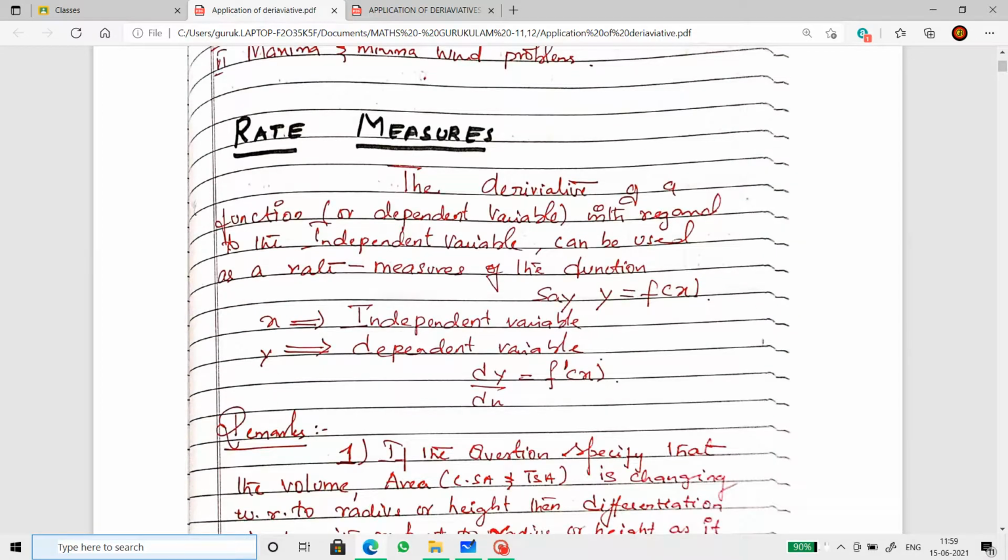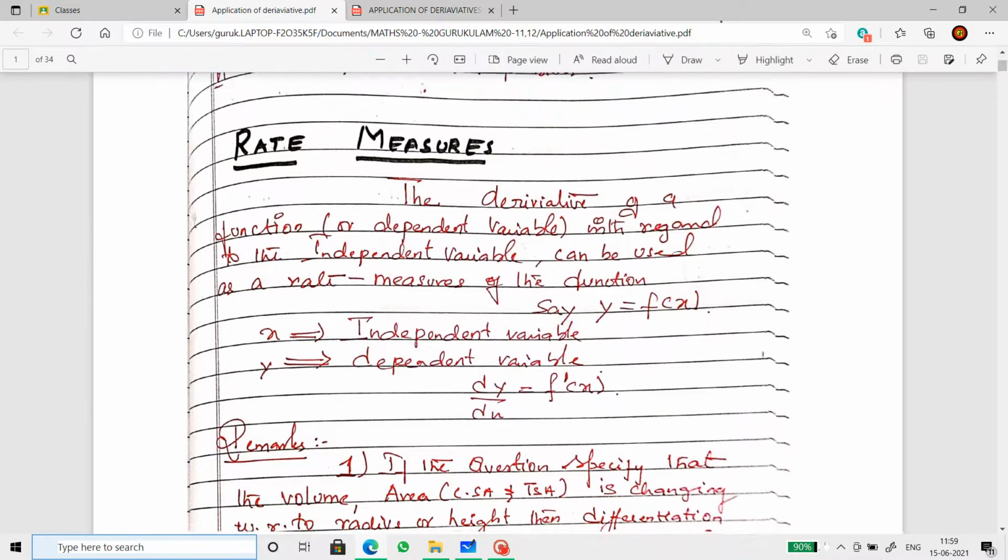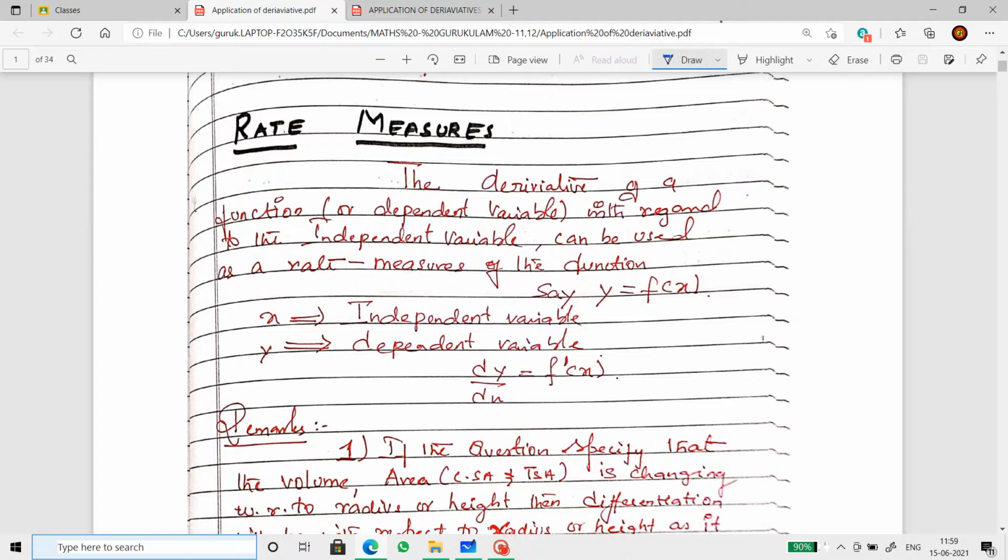Rate measures. The derivative of a function, or dependent variable, with respect to the independent variable can be used as a rate measure of the function. Now when y equals x square, we take independent values for x. x can be 1, y is 1; x is 2, y is 4.